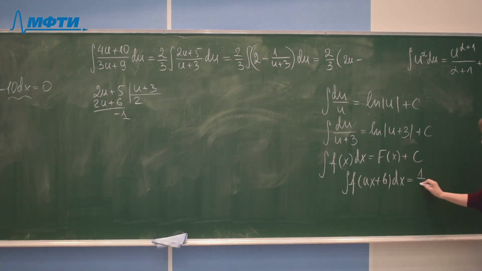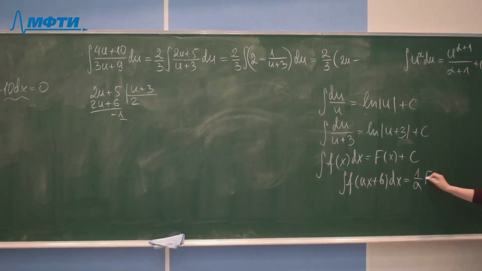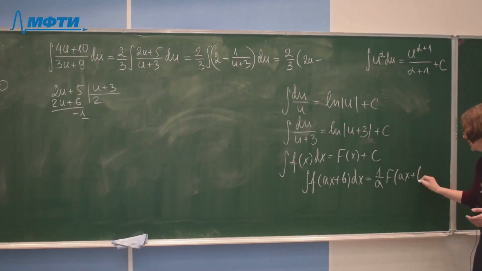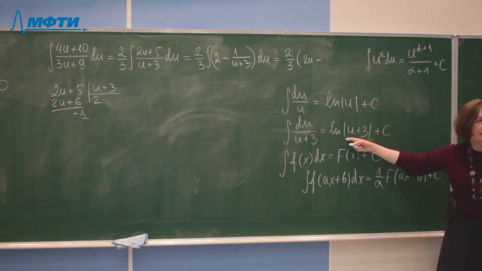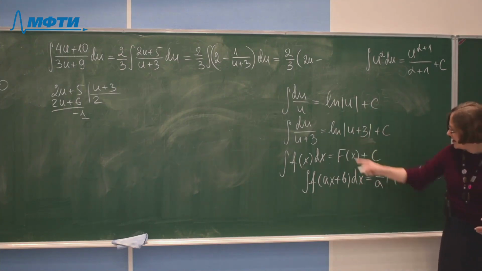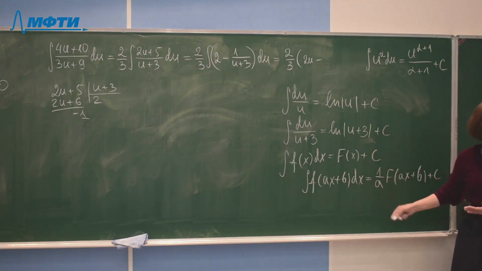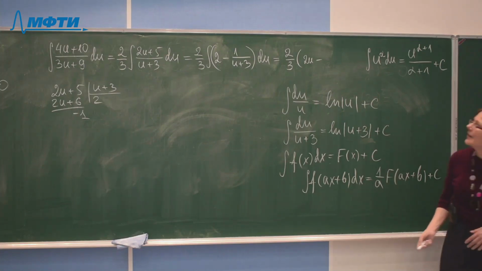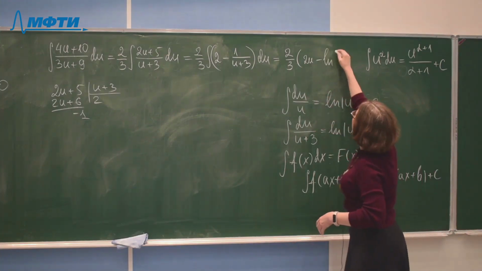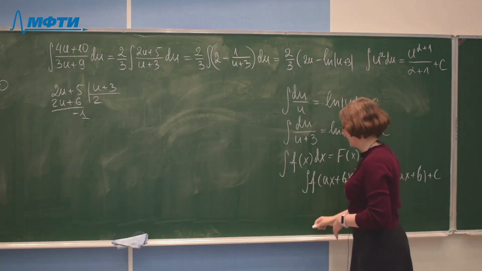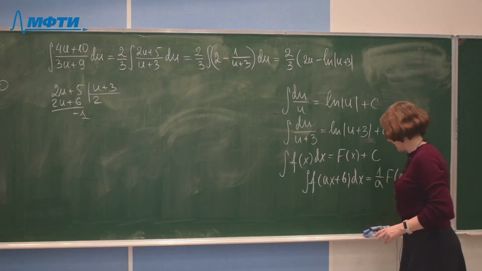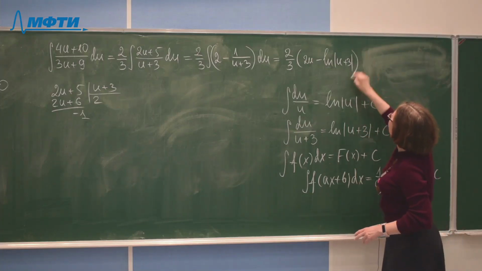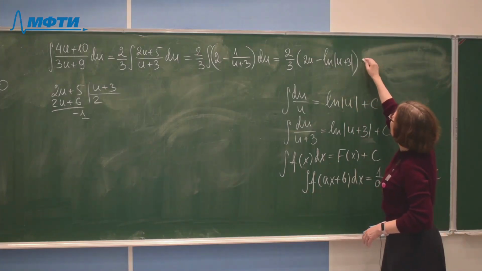We should just divide by the constant a, so it will be capital F of ax plus b, plus c. So if we know this integral, we can easily integrate this, right? Just a is equal to 1 in our case, and b is 3. Okay, so the logarithm of u plus 3, plus c.